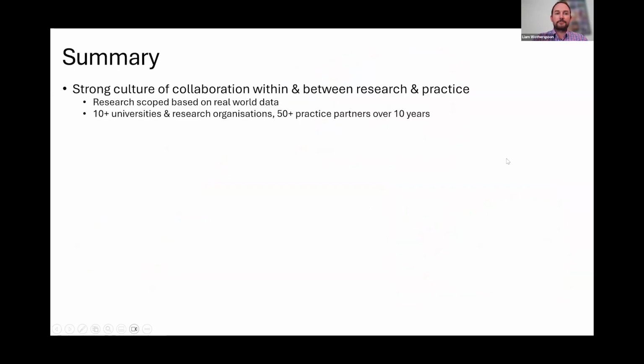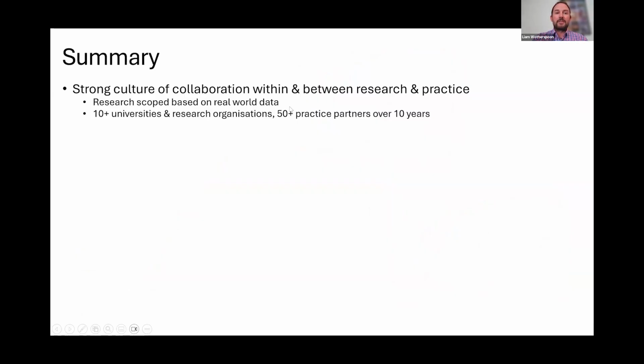So to summarize, I guess the key lesson from our side is there's a lot of hard work and a lot of time and a lot of development of relationships to get to the point where we are now. So the strong culture of collaboration within research, within practice, and between research and practice has been based on that work.